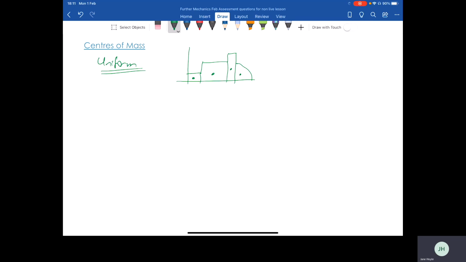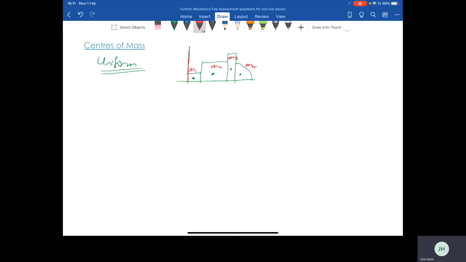And then what we say is each one of those has a mass. So M1, M2, M3, M4. And quite often that mass we can think of as an area. So if they're made out of the same substance, area ratio is the same as the mass ratio.